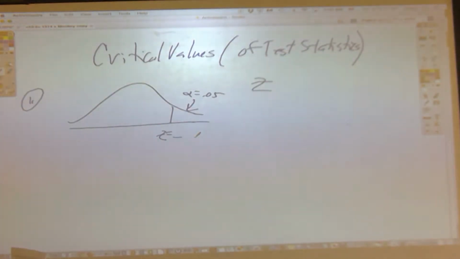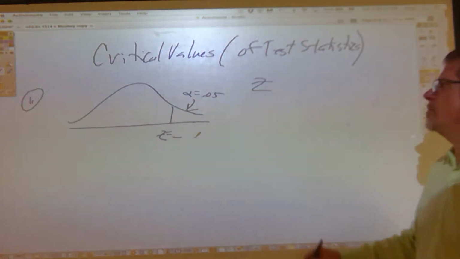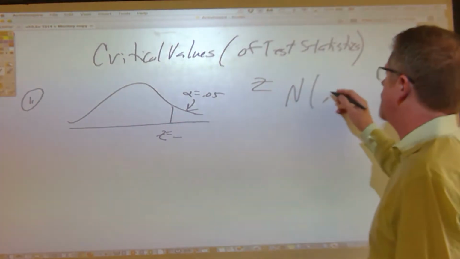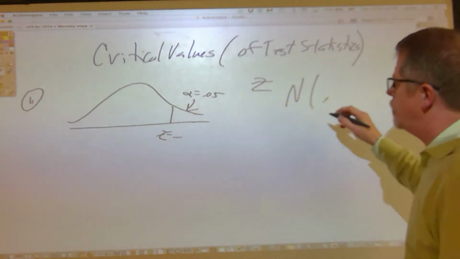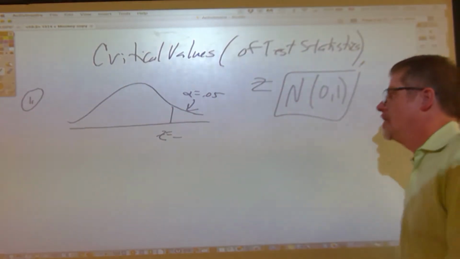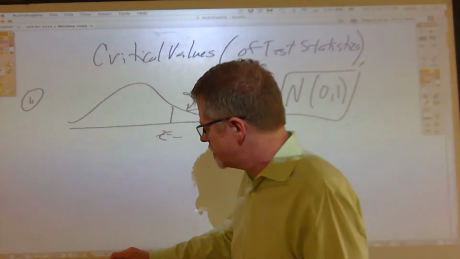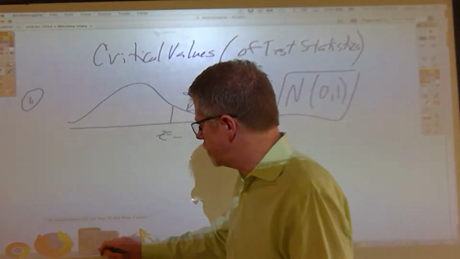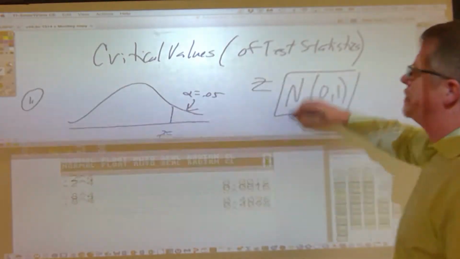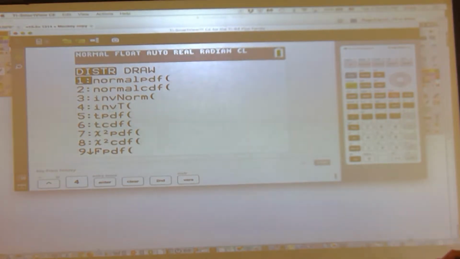Now, for what value of Z would I reject the null hypothesis if the normal model is the standard normal model with a mean of 0 and a standard deviation of 1? Well, that's what inverse normal is about. Inverse normal essentially can give you critical values if you know the alpha level. So we've done these sorts of problems before.